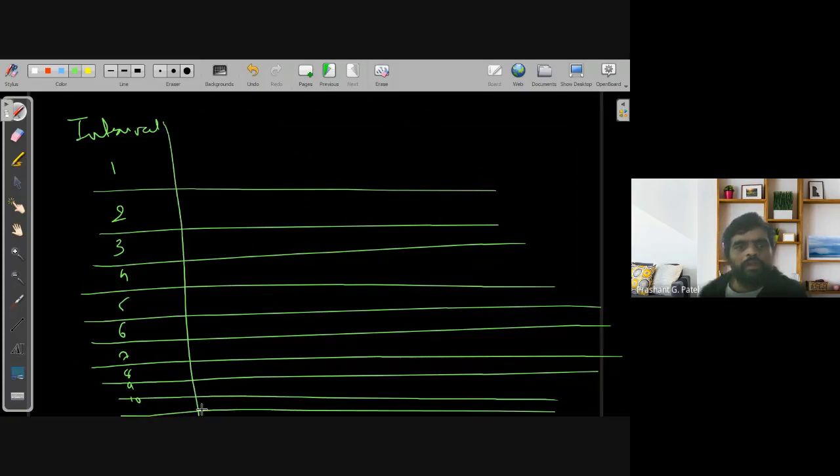And in the intervals, you will have the observations: 8, 10, 9, 12, 8, 10, 14, 10, and 11. So altogether it is 100.